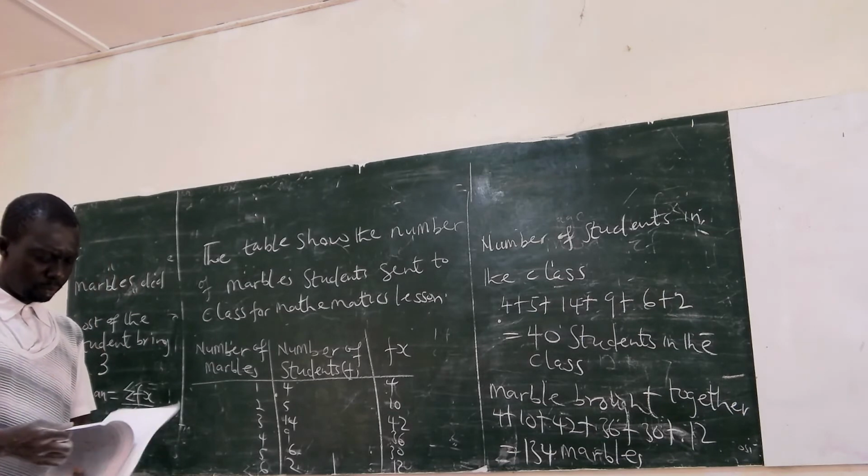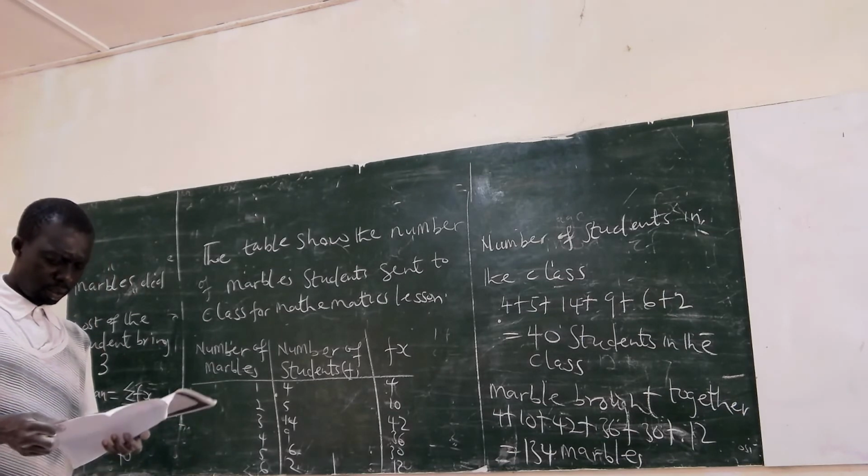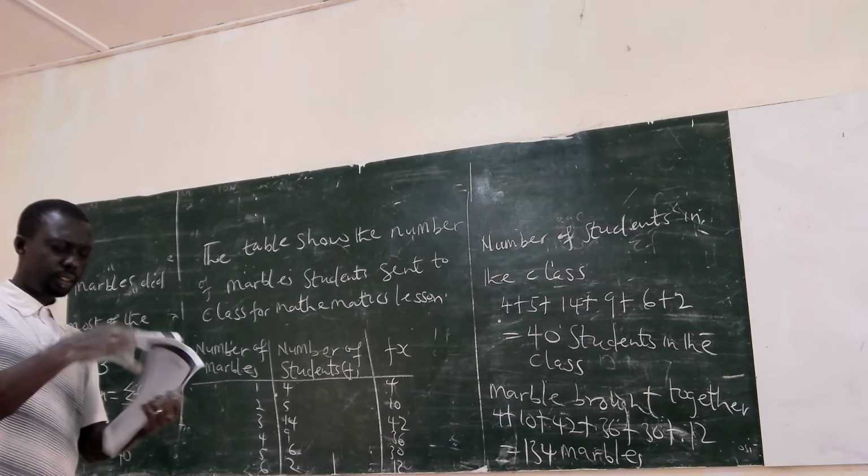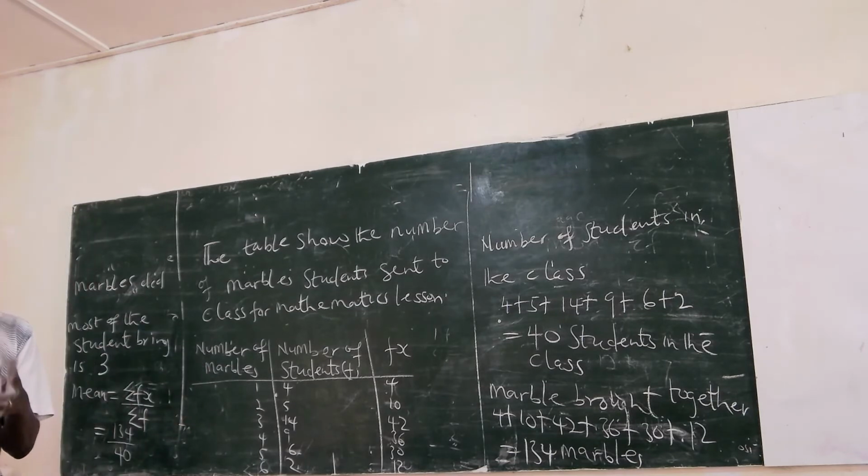For the marking scheme, the answer should be 3.35.